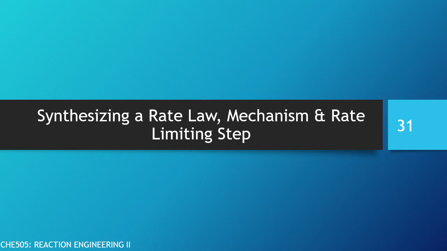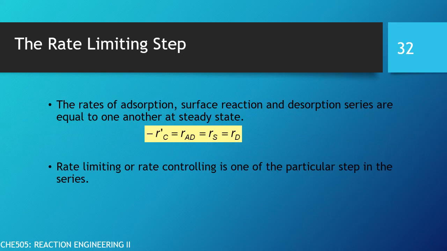In this topic, we will derive an overall rate law equation based on the mechanism of reaction and the rate limiting step. What is the rate limiting step? At steady state, the rate of adsorption, surface reaction, and rate of desorption are equal to one another.